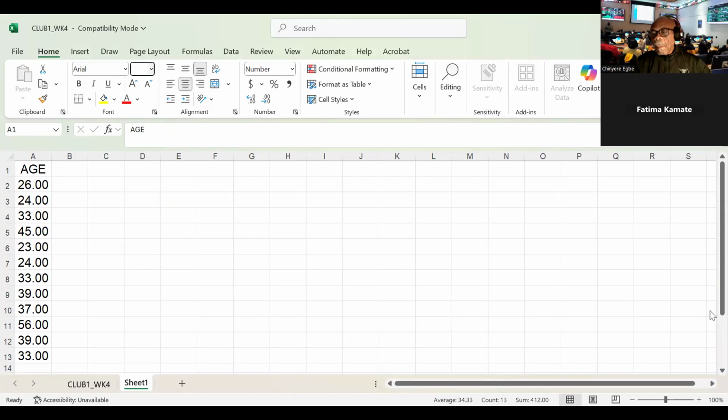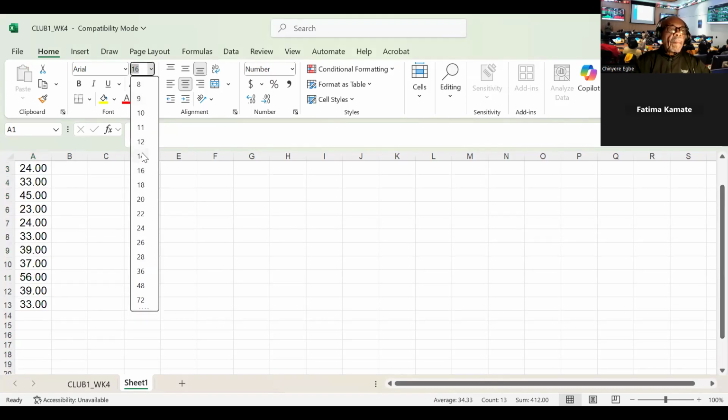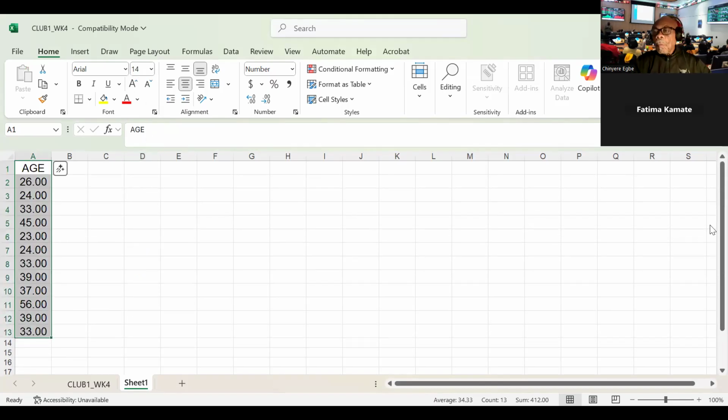Yes, I can. Okay. So as we said earlier, the mean is the sum of values divided by the sample size.